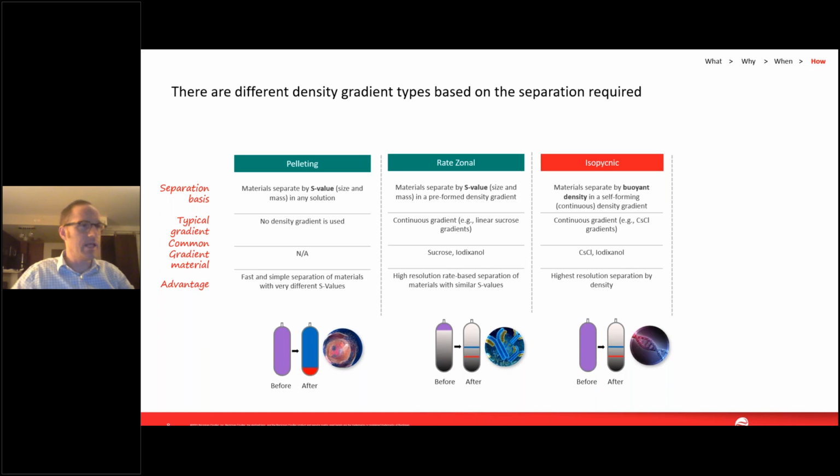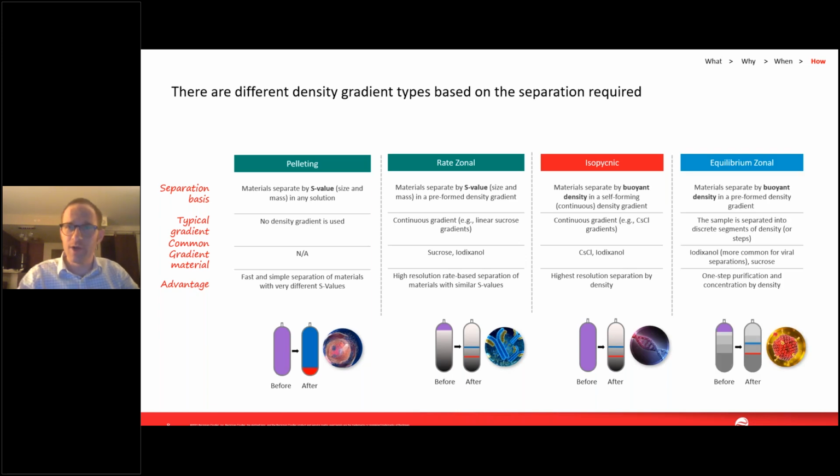There's kind of an in-between method here too. Some scientists call this equilibrium zonal. It is still an isopycnic method because the materials are still separated by buoyant density. But instead of in a continuous gradient, you're now doing this in a preformed density gradient, and you don't even allow the materials to get to equilibrium. So in that sense, it's similar to a rate zonal experiment.